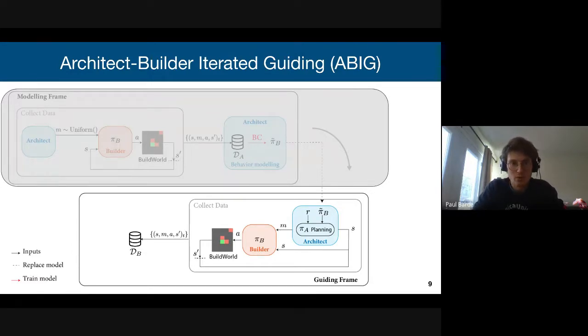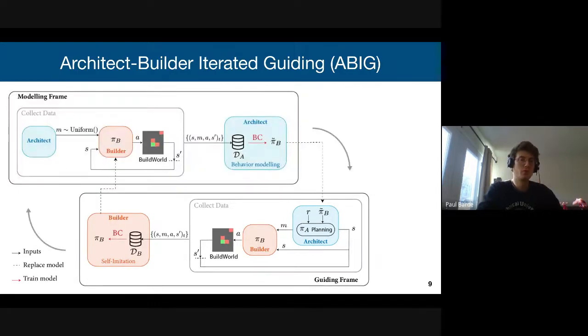During this guiding phase, the builder is collecting guidance data. Once it has collected enough guiding data, it can use it to do self-imitation and improve its policy. Once this is done, we go back to a modeling frame and we iterate between modeling frames and guiding frames.